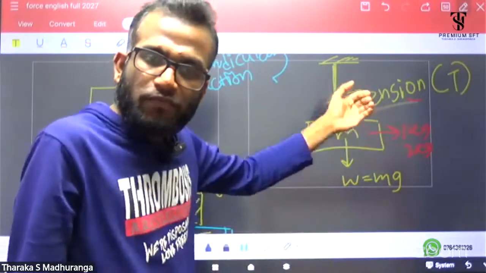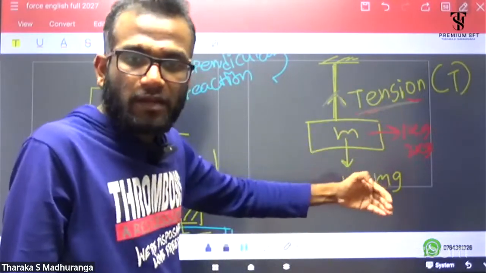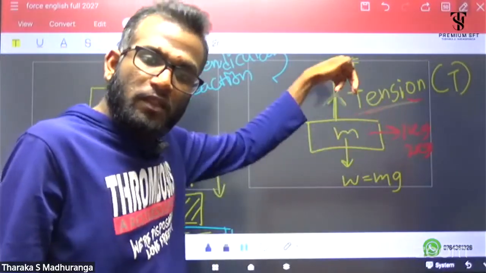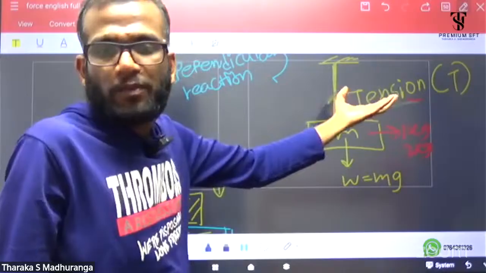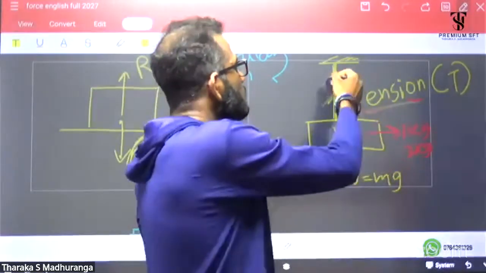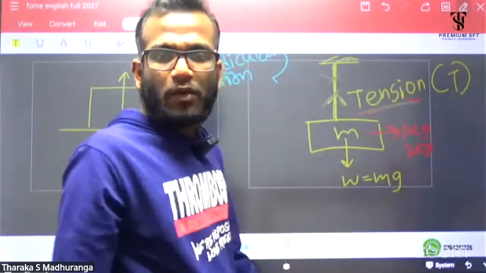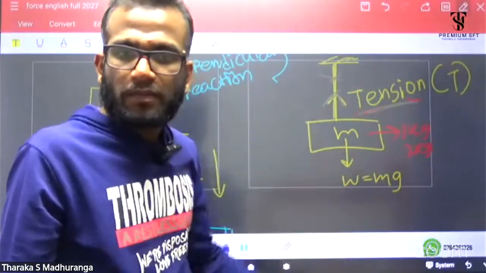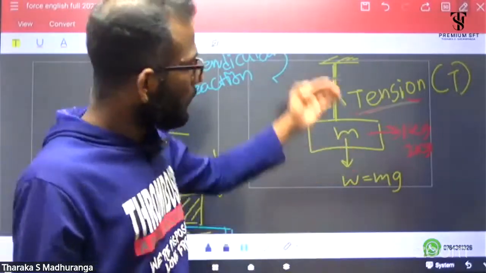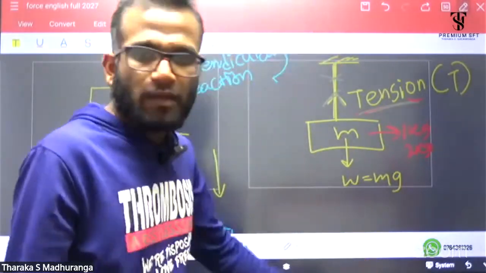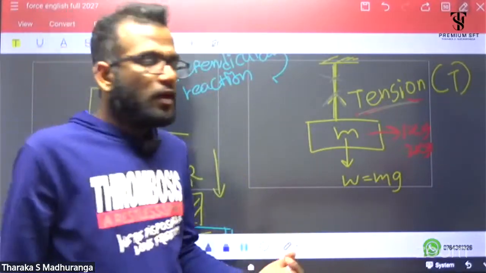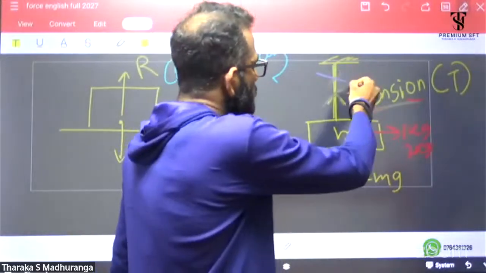After that, if we increase the weight more than this maximum level, what happened? The weight is greater than the maximum tension. At that point, the string will break down due to this unbalanced force, and the object will fall by breaking the string.